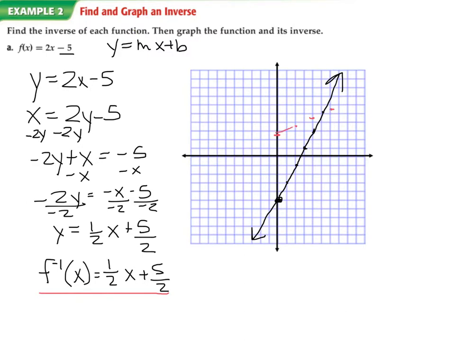I can draw my line, which looks like this. From this you can see that this graph is being reflected over y equals x, which I'm going to draw in blue.